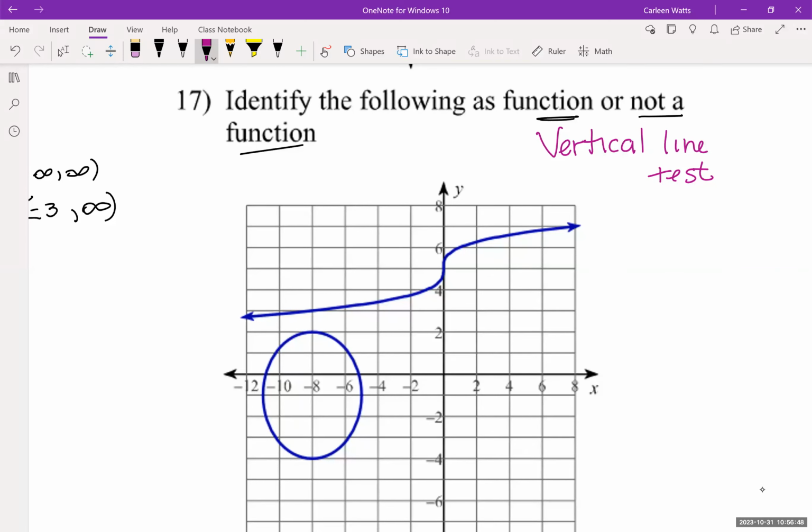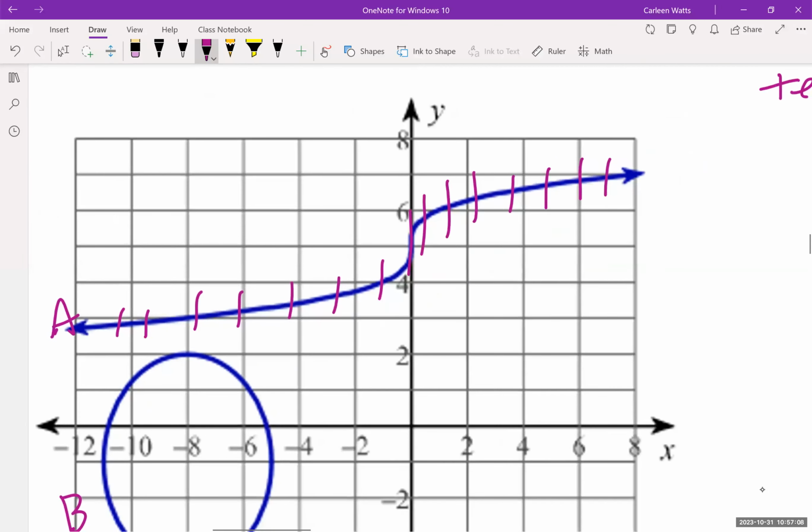So we're going to call this line A and line B. They're not really lines, but now for line A, are there any points on this line where the line hits in 2 places? Now it looks like right here, but it's not.